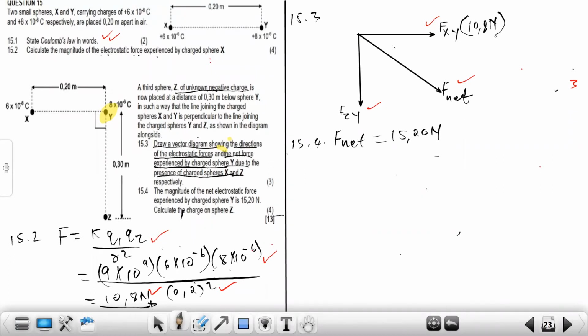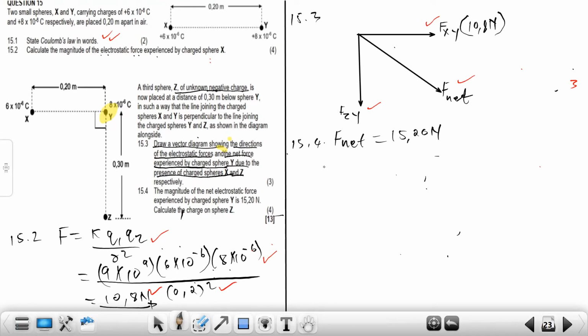So if I can use the Pythagoras Theorem, remember, once I have angles in charges in 2 dimensions, it becomes easy for me to apply Pythagoras Theorem.